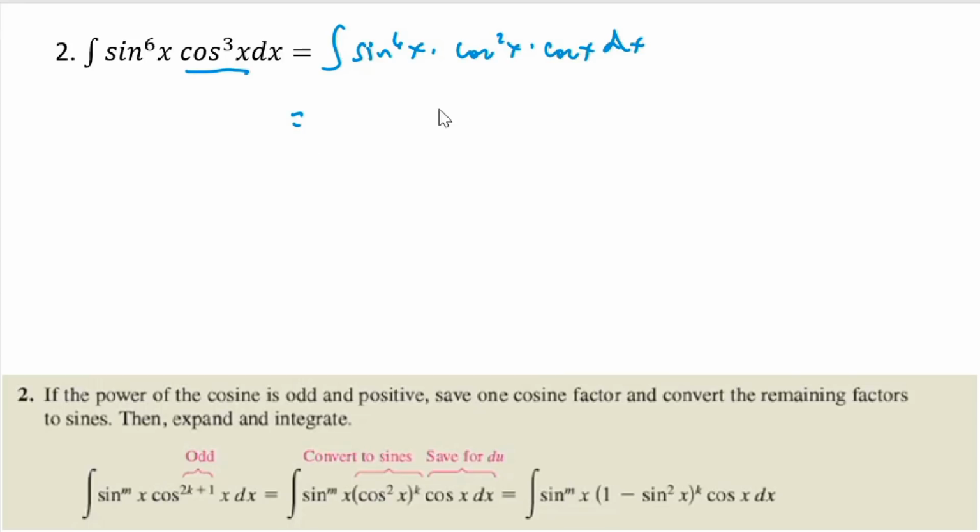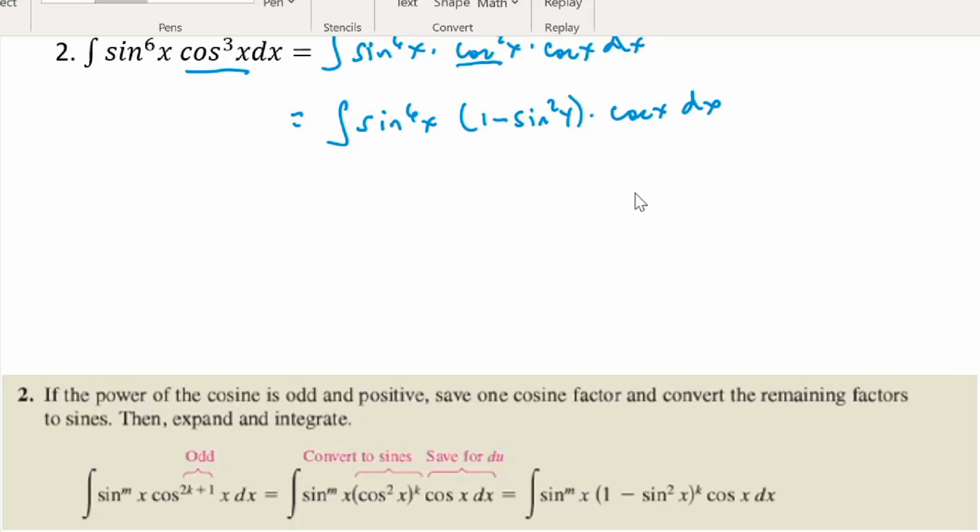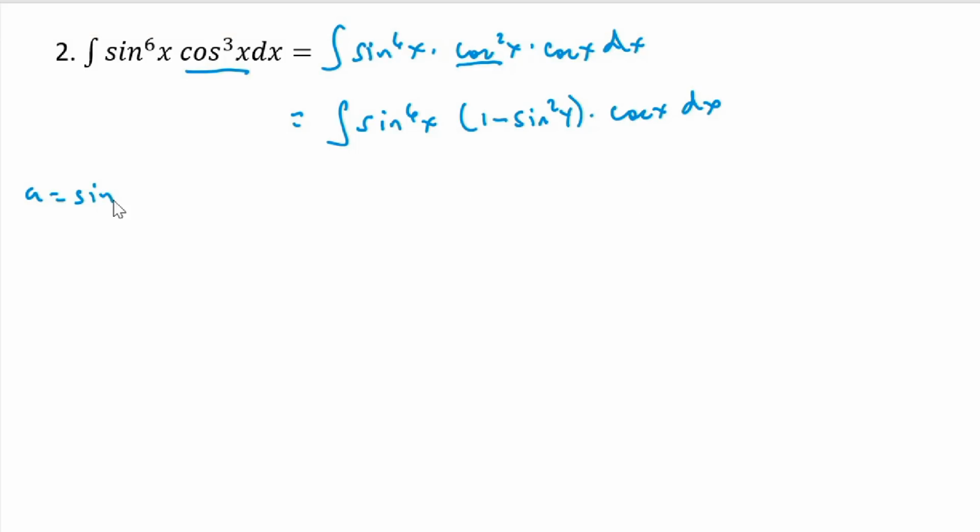And then we are going to use the identity of cosine squared x from the Pythagorean identity. So we can rewrite now the given as sine to the power of 6x times 1 minus sine squared x times cosine x dx.